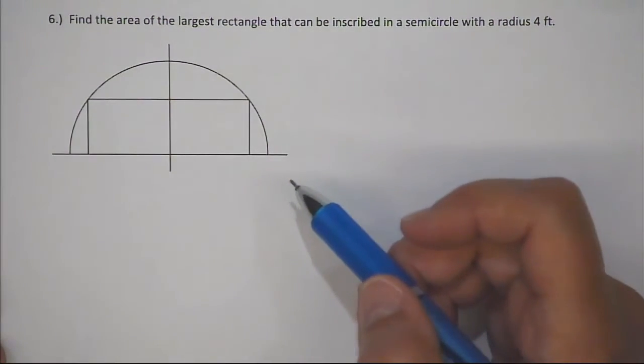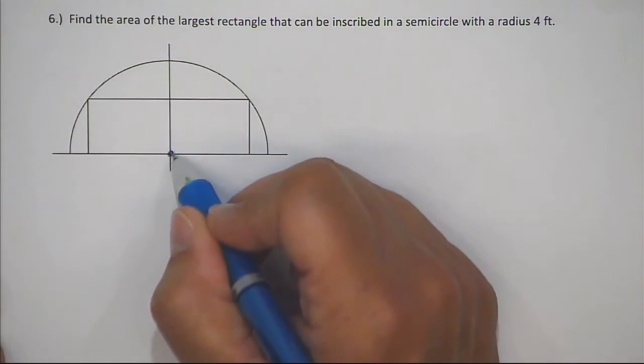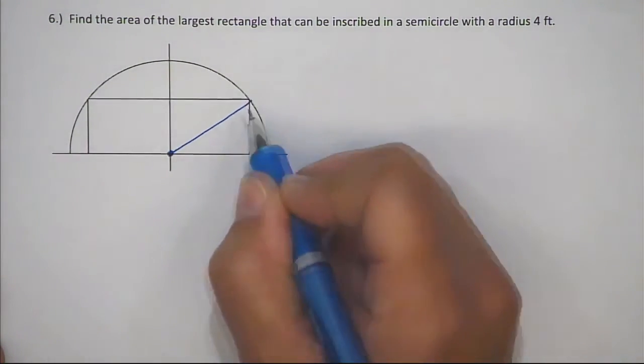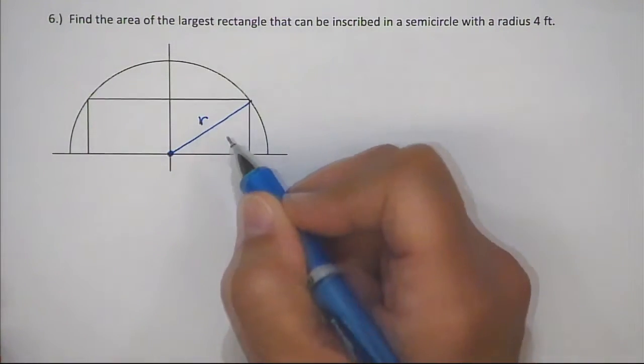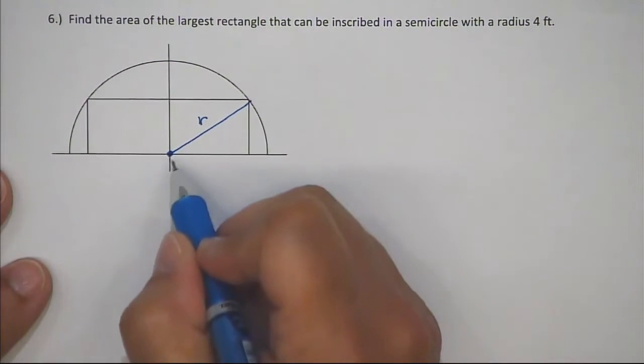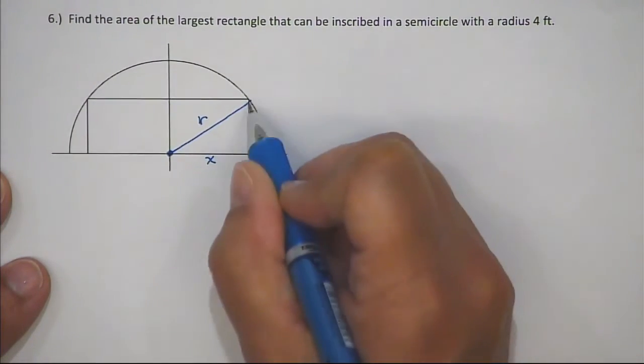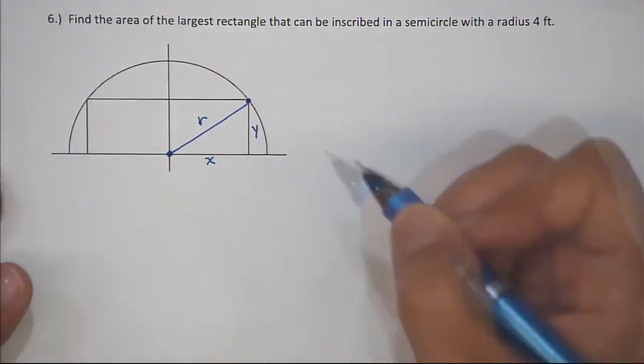So we got a rectangle here, so let's make the radius there. So we can see that we got a little triangle going on there. Okay? All right. Now, if this is a coordinate plane, so if this is 0, 0, and I go over this distance, which is x, and I go up, all right? So there's my x and y.